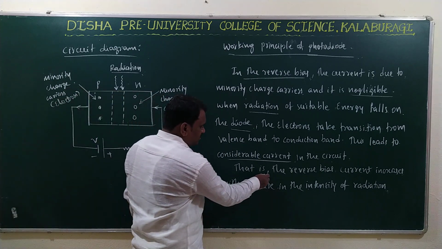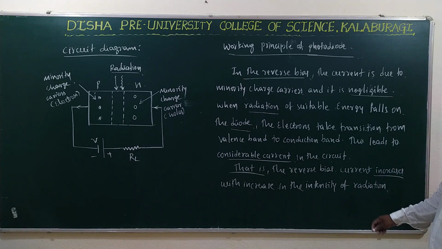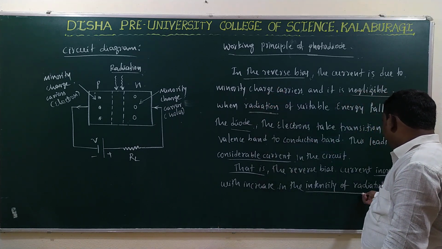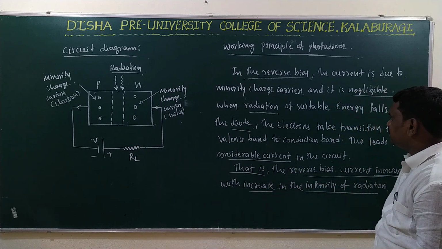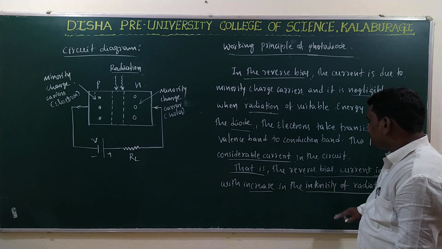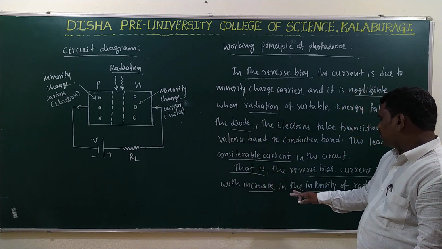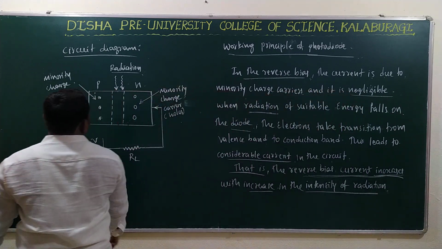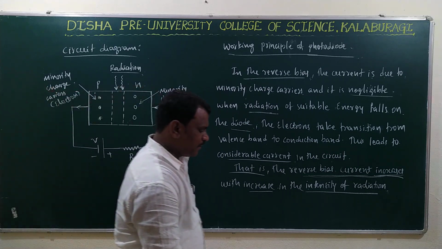Okay, that is, the reverse bias current increases, right? When the intensity of radiation increases, the reverse bias current also increases. When high intensity radiations are incident on the diode, the diode produces a high amount of current in the reverse bias. This is the working principle of a photodiode, right?